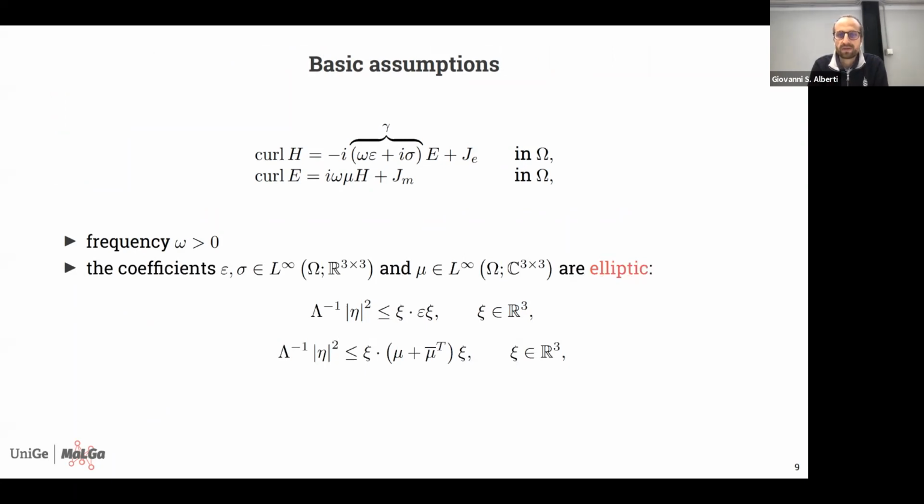So they satisfy the uniform ellipticity condition in the whole domain omega. All right, so we do not have degenerate conditions here. And finally, I suppose the sources in the general setup to be just in L2. Then I will add assumptions as needed, as I did before. But for the general weak formulation, J_E and J_M can just be in L2.